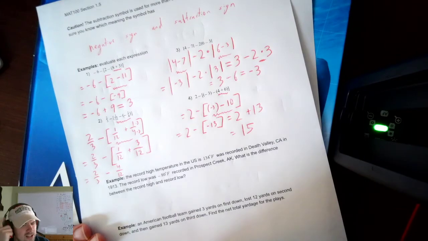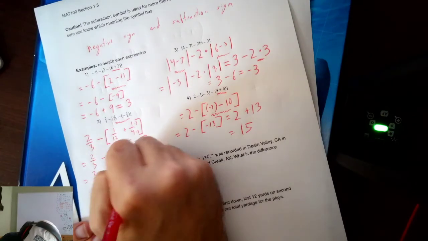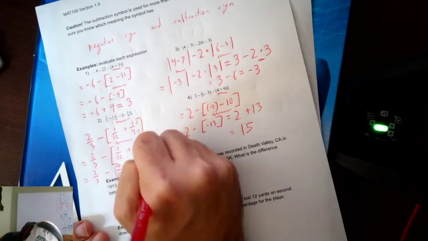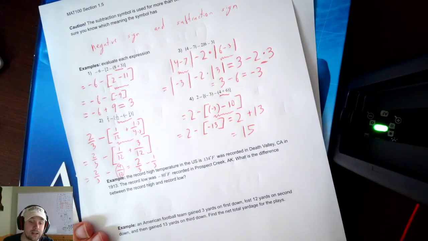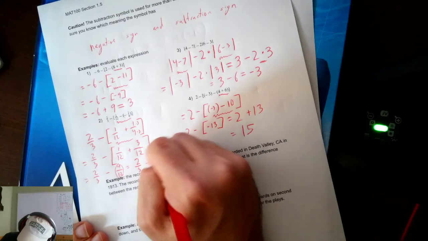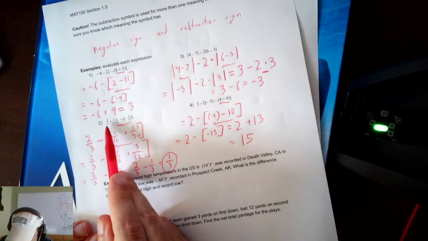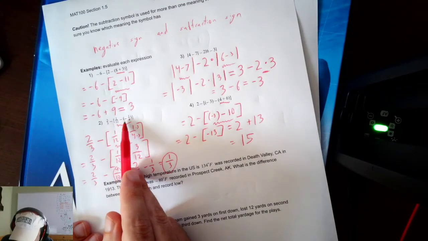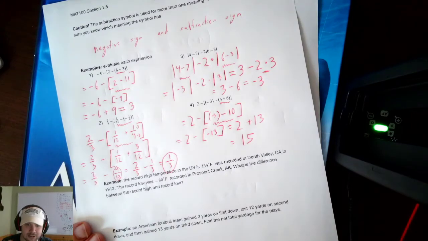Does 4/12 reduce? 4/12 is the same as 1/3. So I can reduce this to be 2/3 minus 1/3. 4/12 reduces, right? And then, good news for me, they have a common denominator now. 2 minus 1 is 1 over 3. So 2/3 minus bracket 1/12 minus negative 1/4, end parentheses and bracket, is 1/3.